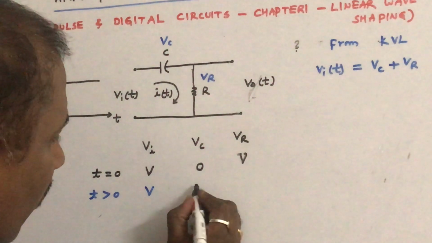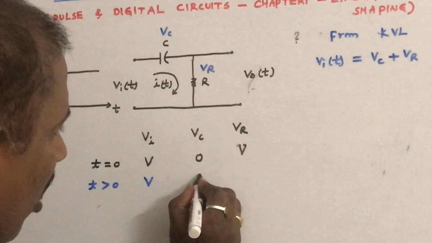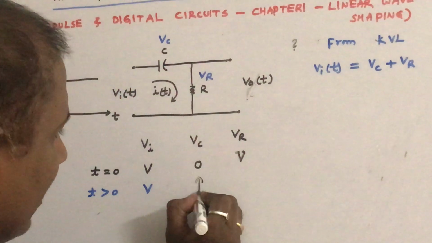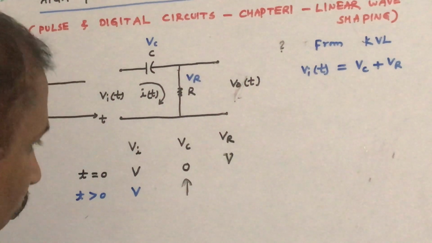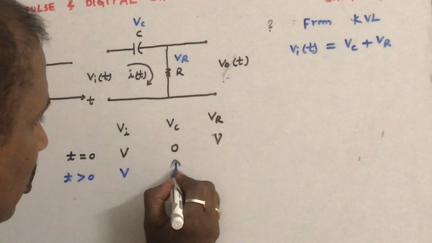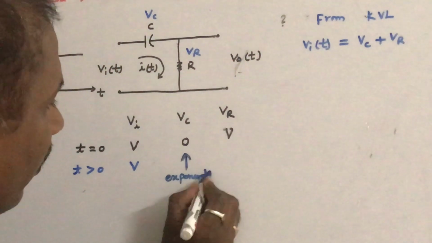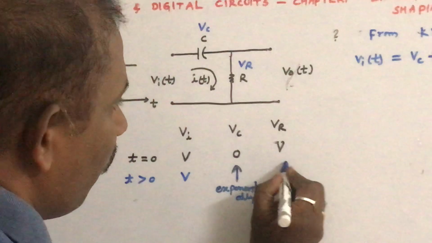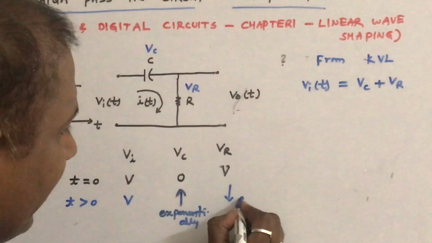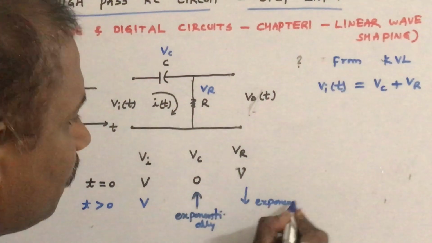The voltage across the capacitor starts increasing exponentially, and the voltage across the resistor starts decreasing exponentially.